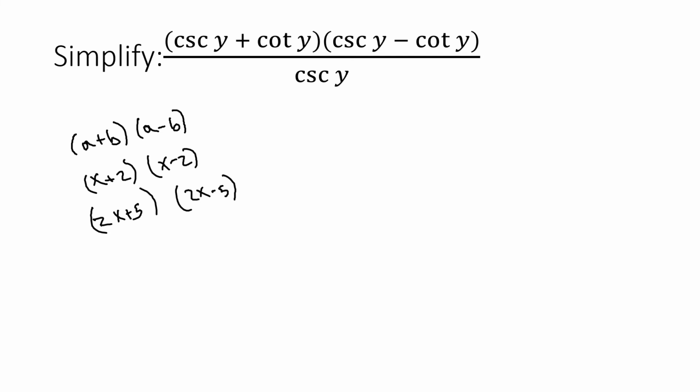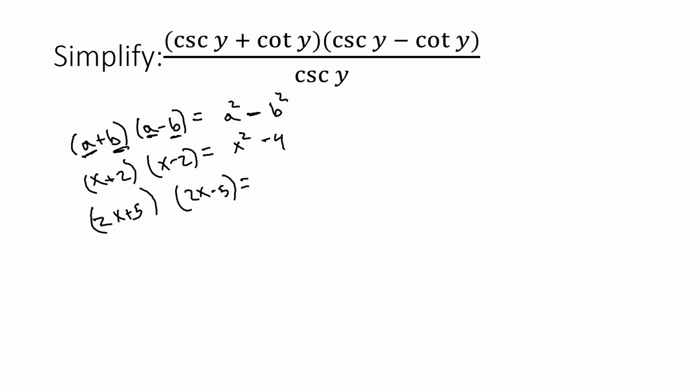Anytime you multiply conjugates, it's going to be the difference of squares. That means take the first part, square it, take the last part, square it, and just make it a subtraction problem. So the second one, for example, would just be x squared minus 4.